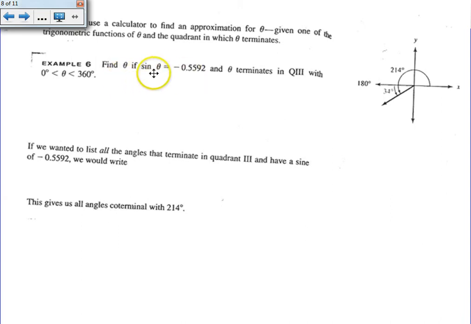Okay, let's use your calculator. Remember to undo a sine on our calculator, make sure you're in degree mode, and you're going to hit inverse sine of negative 0.5592. And you are going to end up with theta coming out to negative 34 degrees.